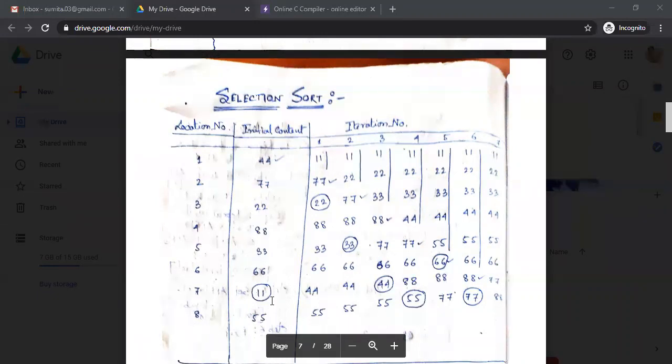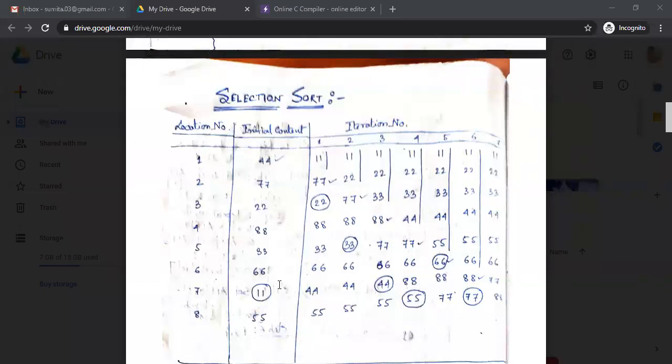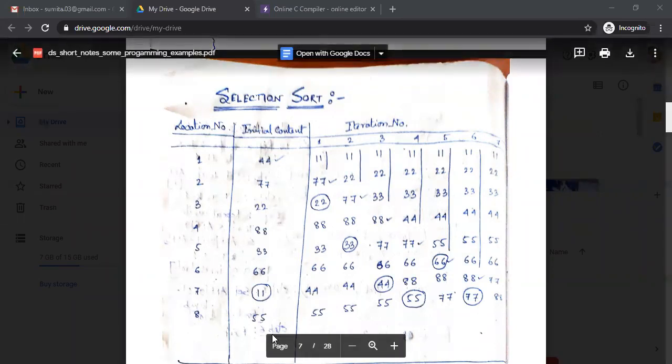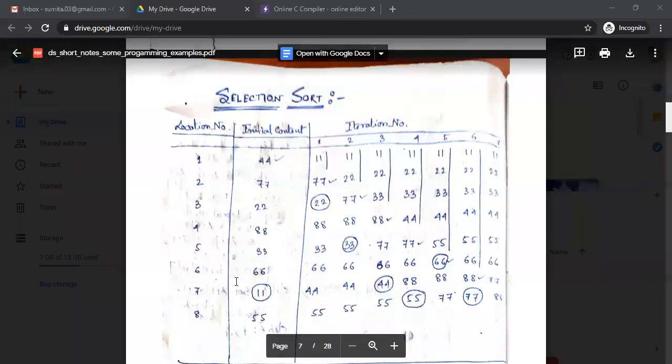After finding the smallest value, if the first value of your array is greater than the smallest value, then you have to swap the positions of these two values using a third variable. 44 is our first element and 11 is our smallest element of the remaining part of the array. Obviously 44 is greater than 11, so 44 and 11 interchange their positions.